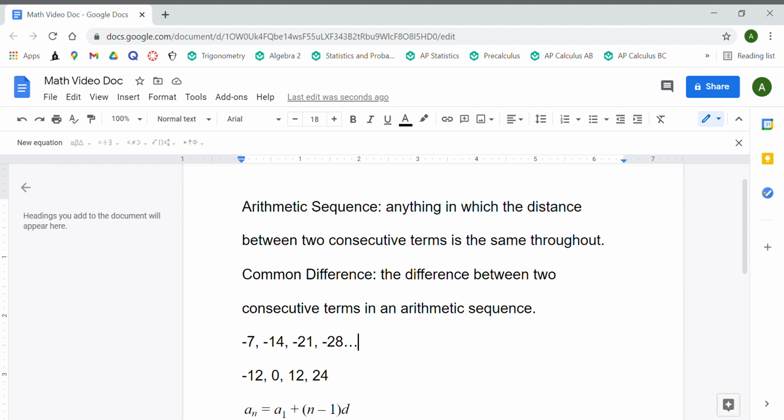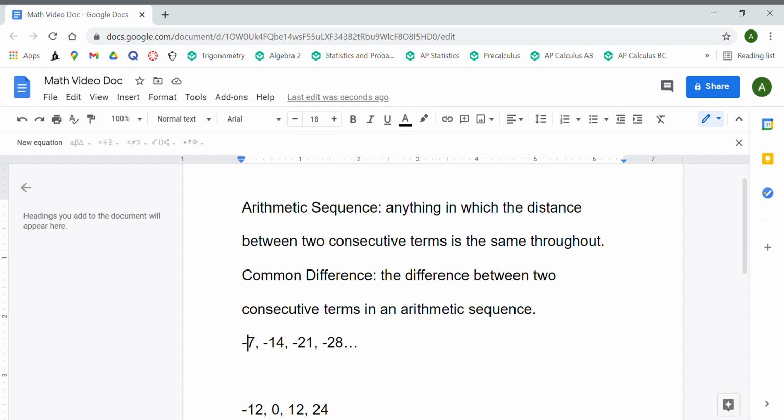Here we have 4 terms. We're being asked to find the next 3 terms of the sequence. Okay, so what we're looking at here is -7 as our first term. Now, given that this is an arithmetic sequence, what did you add or subtract to get from -7 to -14?